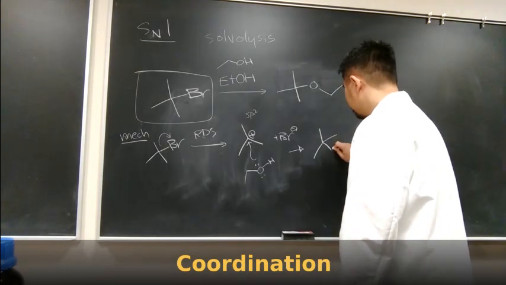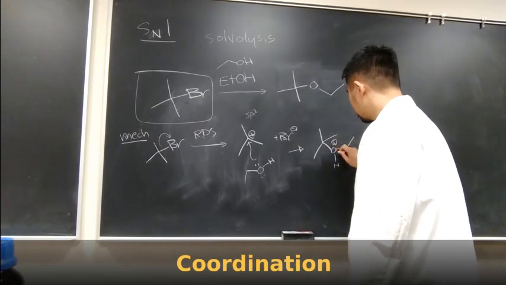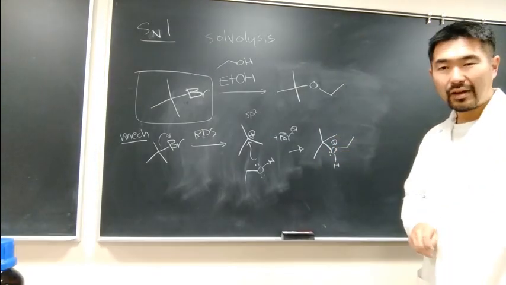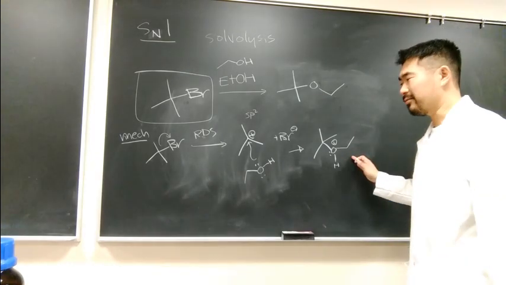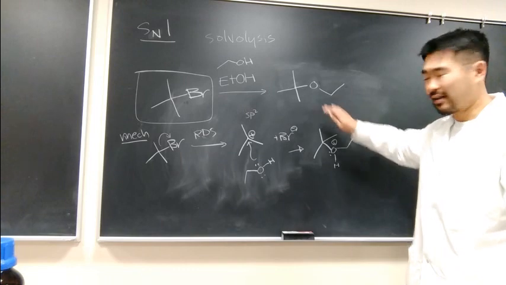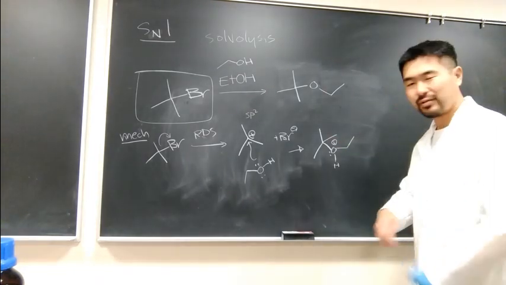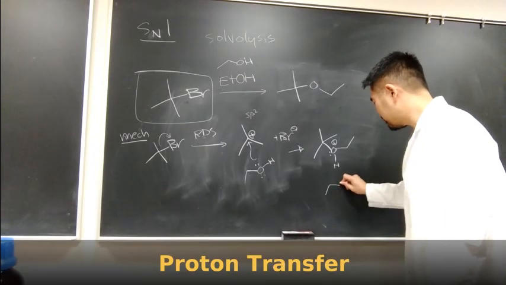And so now we have this intermediate. And hopefully now you can see where we're going with this mechanism. That's our product. To get there, all we have to do is use something as a base to pull off that extra proton.